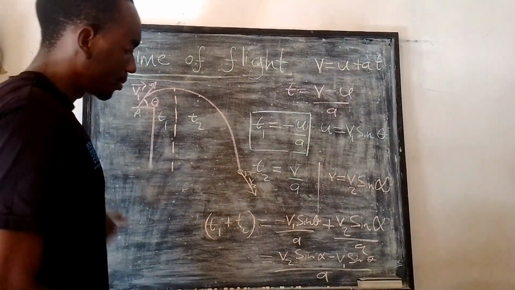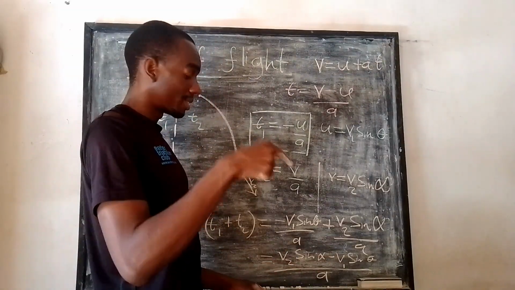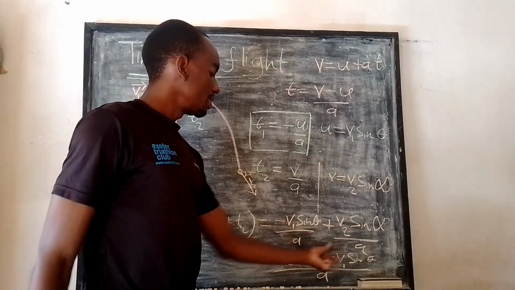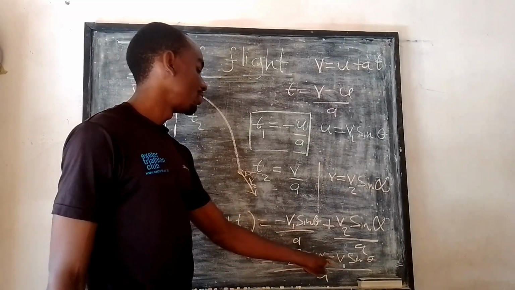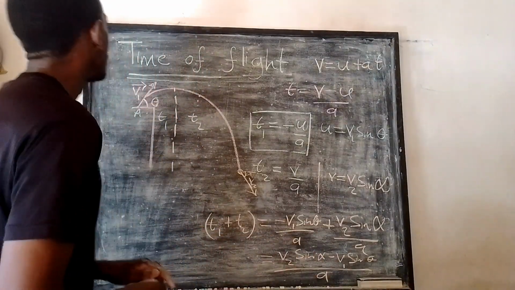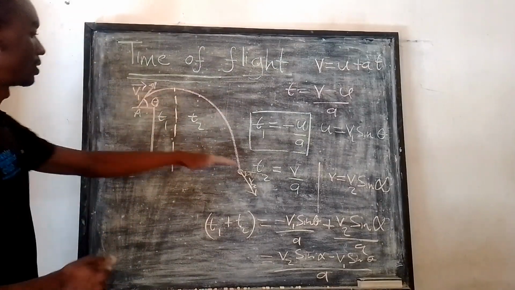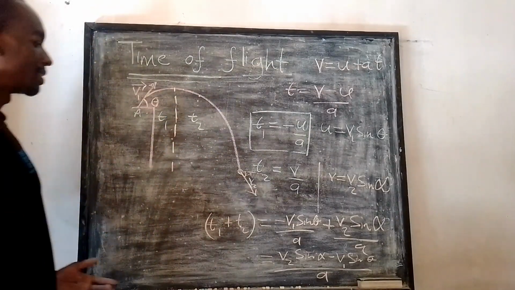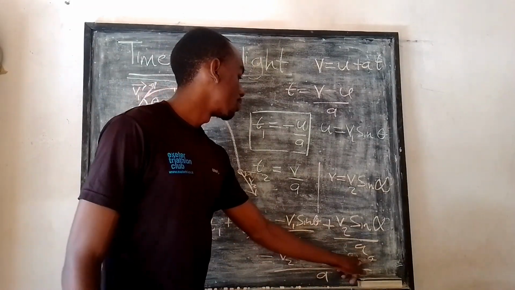But in this scenario, these are not the same as in the first scenario. In the first scenario, these were of the same magnitudes. In this scenario, V2 is completely different, V1 is completely different. Why? Because these points are at different levels. They are at different heights. The same applies for these angles, which are completely different.